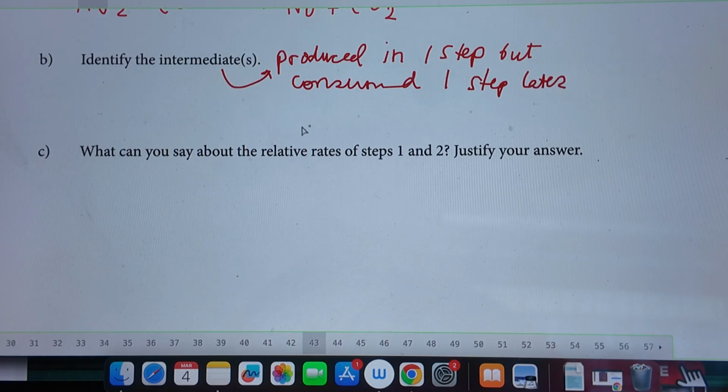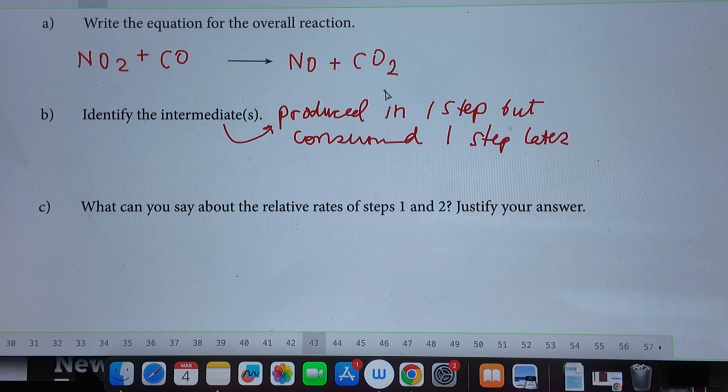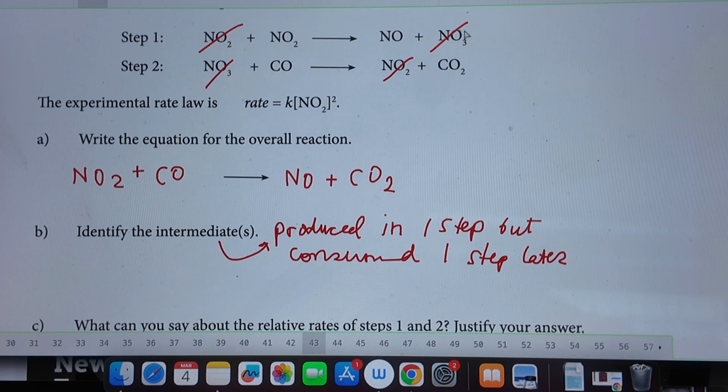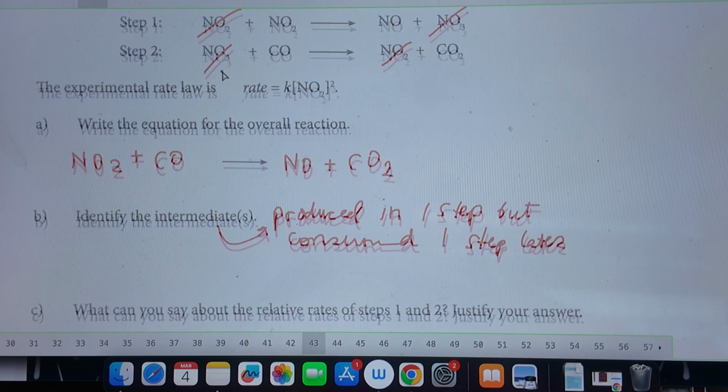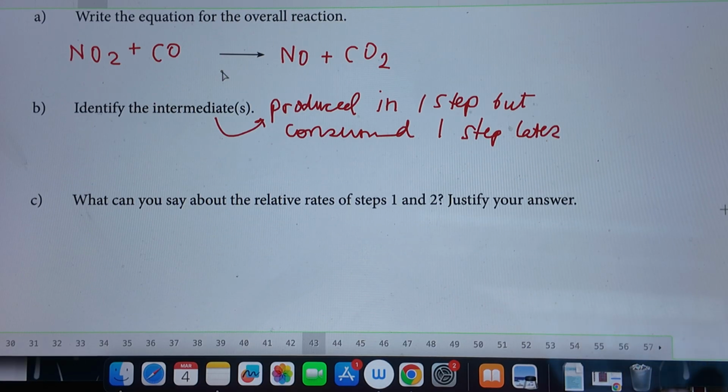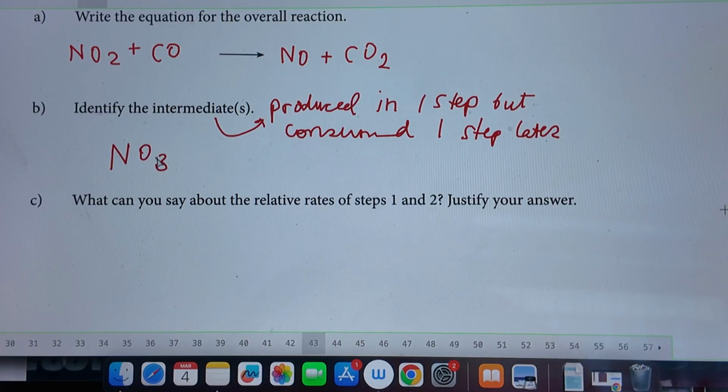Now, what was produced in step 1 was then consumed in step 2? Let's see. What was produced in step 1, but then consumed? There's only NO3 that does that. So the answer is NO3.